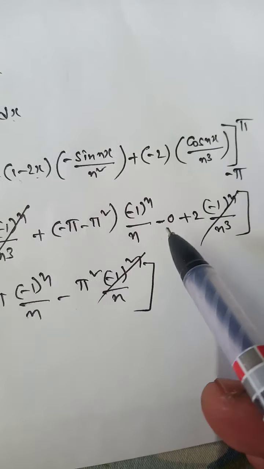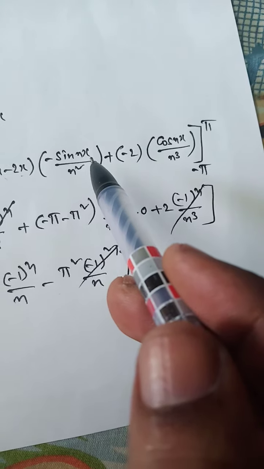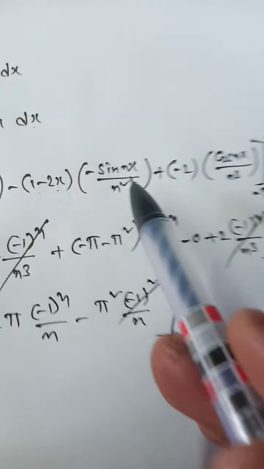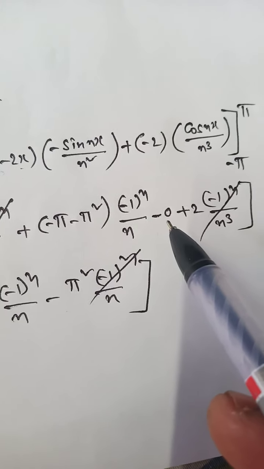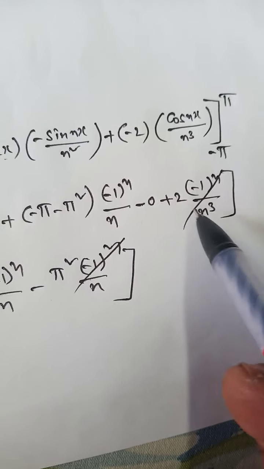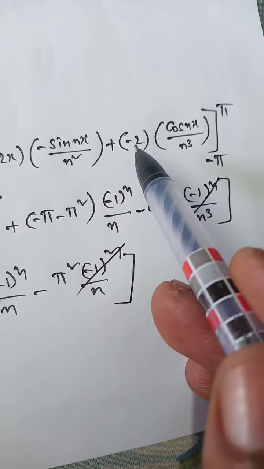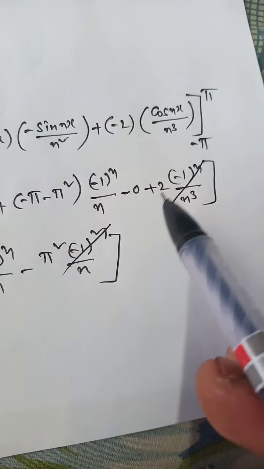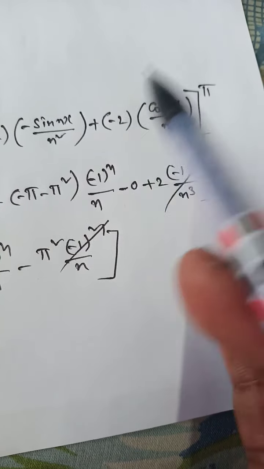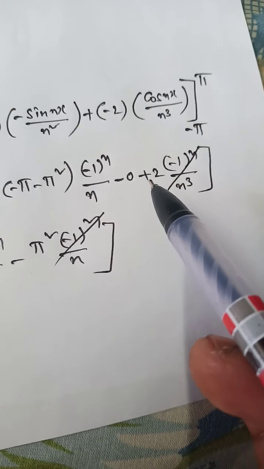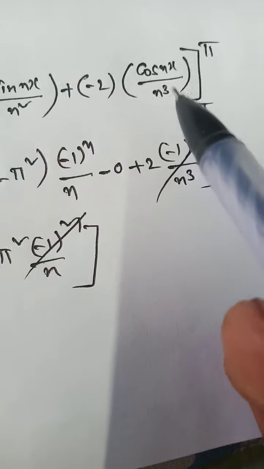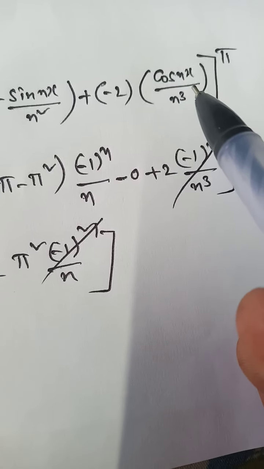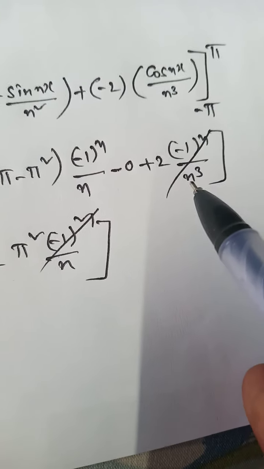I am writing 0 because in the place of x minus pi, sin of minus n pi is again minus sin n pi, which means 0, and anything into 0 is 0. Here we have this term because we have minus, and for the lower limit another minus, so minus into minus plus. Plus 2 into cos of, in the place of x minus pi, cos of minus n pi, again cos n pi, which is minus 1 whole power n by n cube.